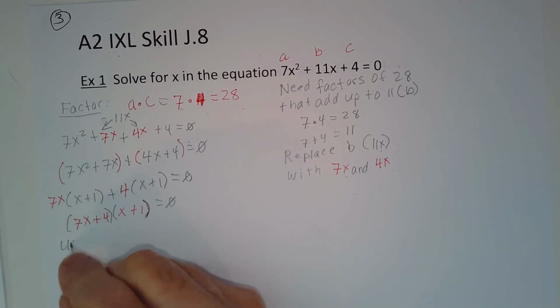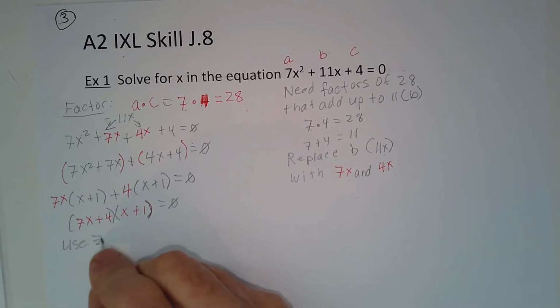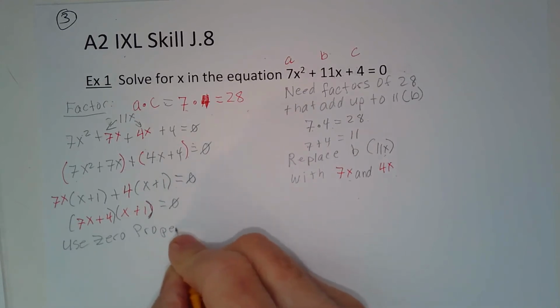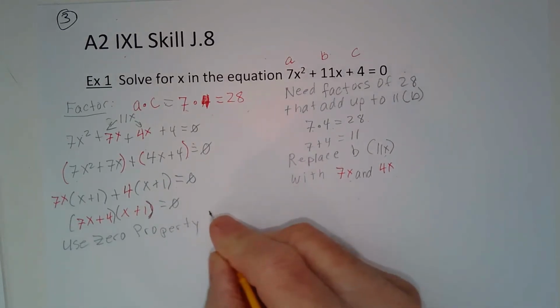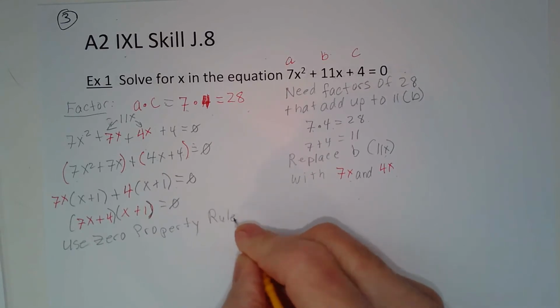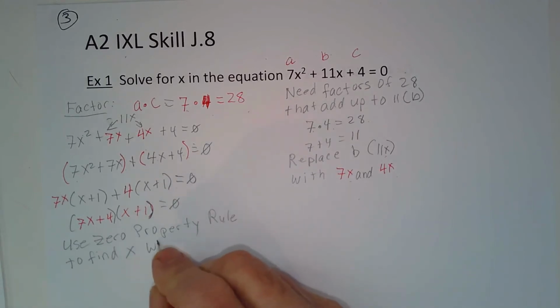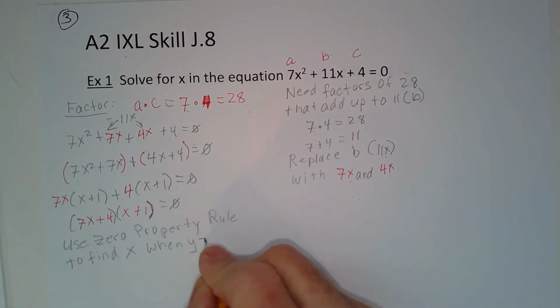So use the zero property rule to find x when y equals 0.